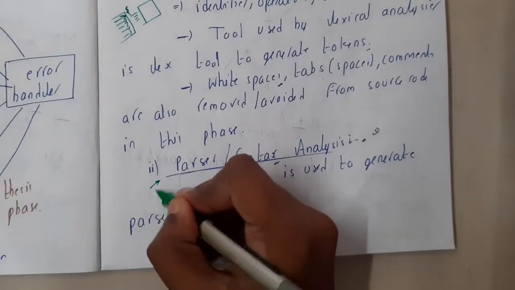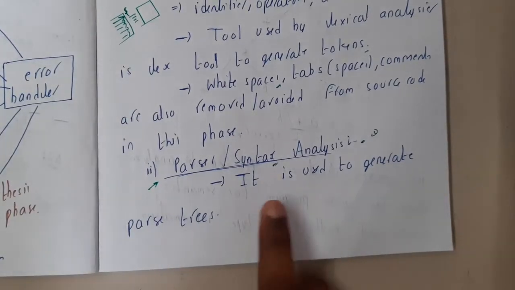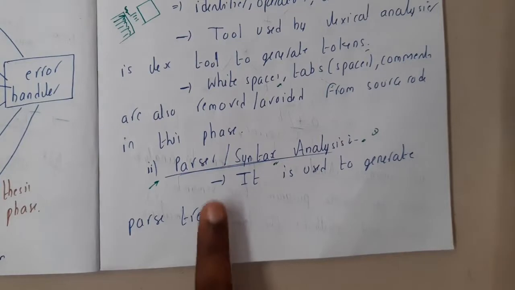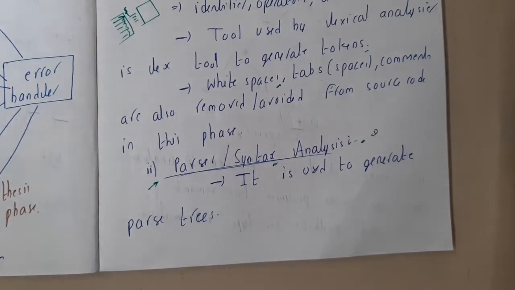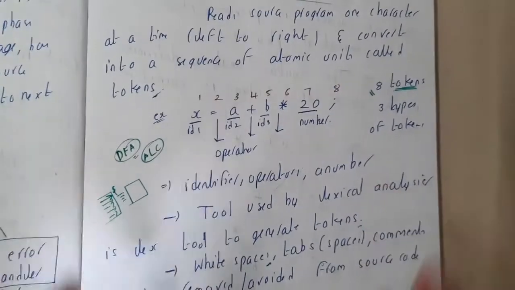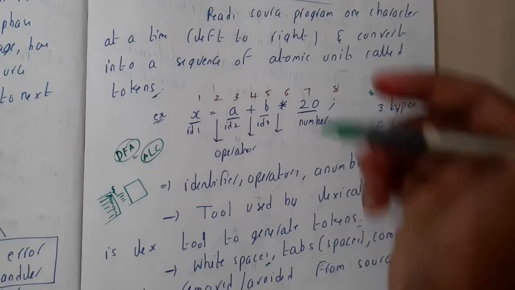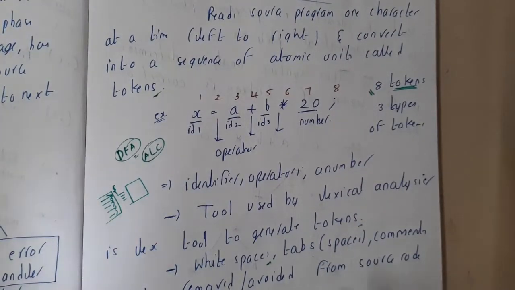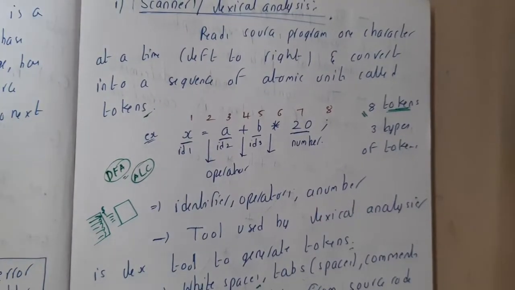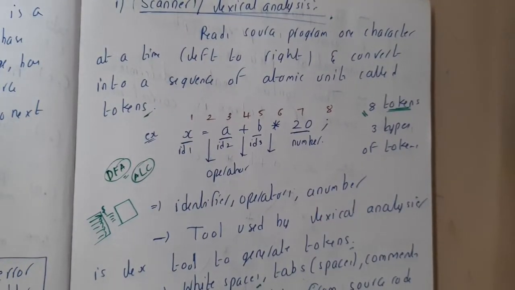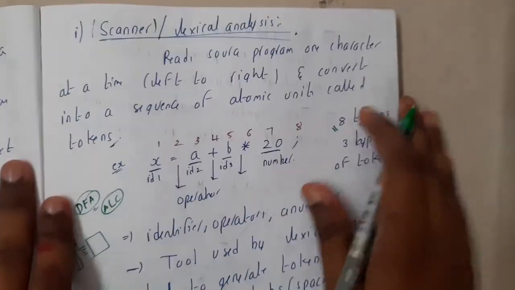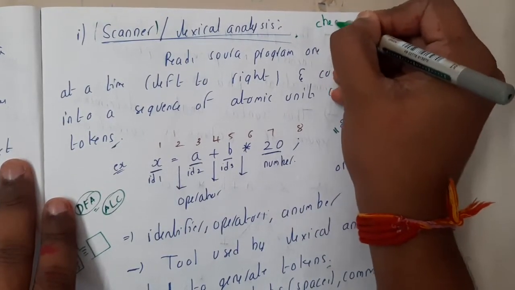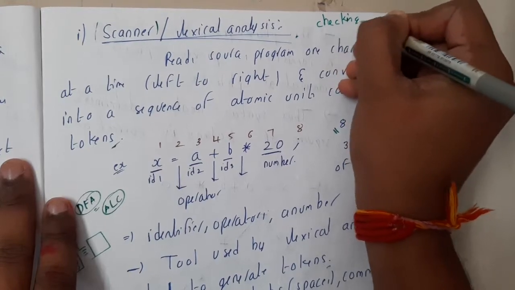To be clear, 50% of the time in this subject we will be spending here only, guys. So please concentrate and understand its use. In simple words, let me explain in terms of reality also. The lexical analyzer is like a spelling checker. Assume I want to write the spelling of checking, C-H-E-C-K-I-N-G.